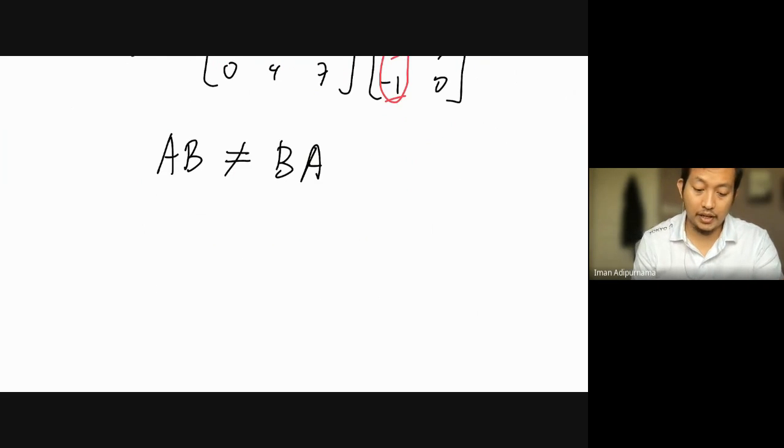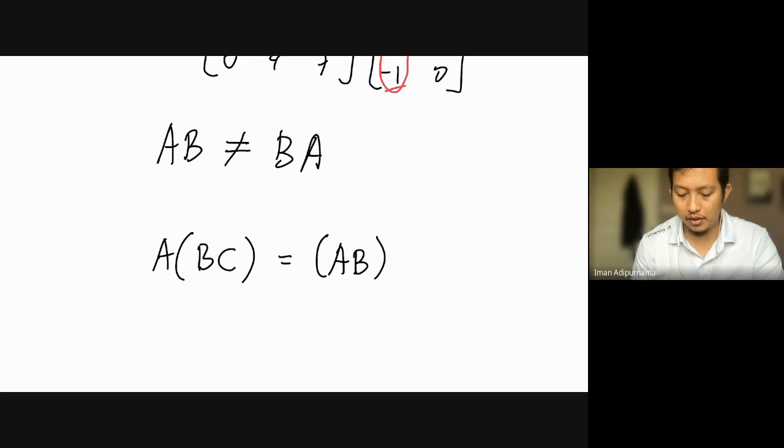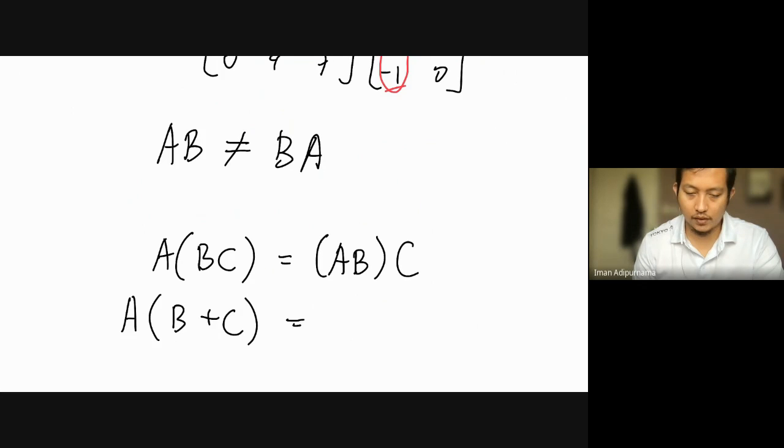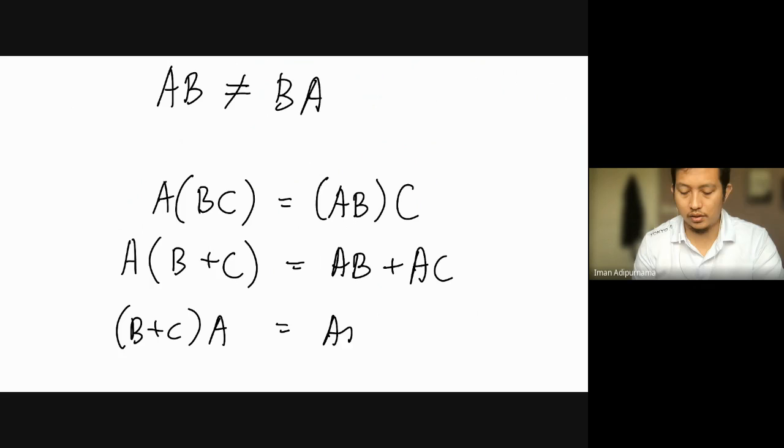We still have A(B + C) equals AB plus AC, and we still have also that. And same way, (B + C)A is also BA plus CA. And again, this AB and BA are not the same.